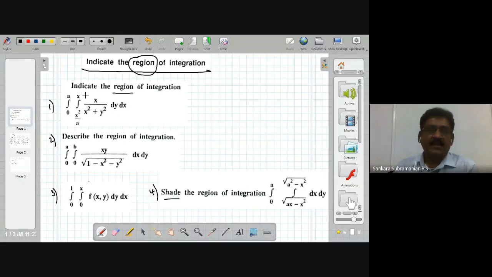This is the question. So let me take the first problem, and we shall go for identifying the region of integration. Please take it down. Integral 0 to a, integral x square by a to x. The integrand is not important for shading the region. Anyhow, you can write x by x square plus y square and dy dx.